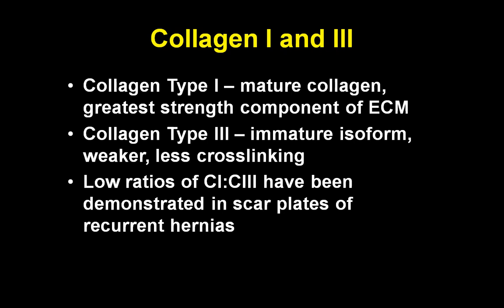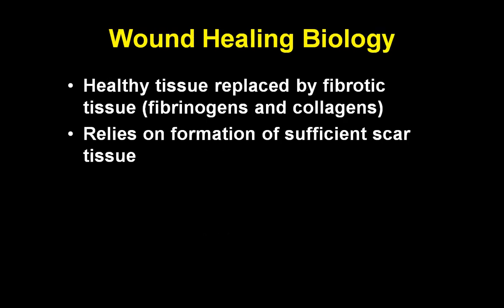That means it is a poor type of collagen. Now a low ratio of collagen type 1 to collagen type 3 has been demonstrated in scar plates of recurrent hernias. So basically, not only the technique but also the developmental collagen anomalies can lead to hernias.